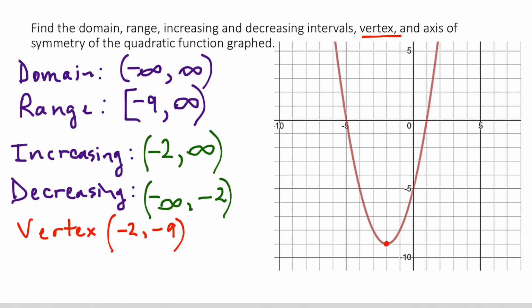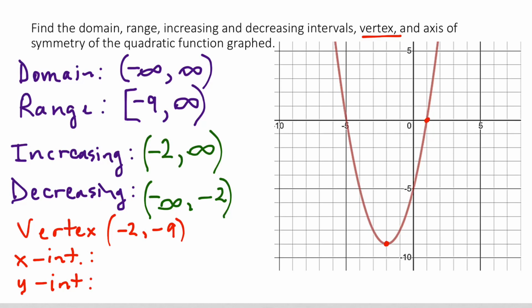While we're at it, let's talk about the x-intercepts and the y-intercept. There'll be one y-intercept here. All right, so the x-intercepts are the places, like we just said earlier, where you cross the x-axis.